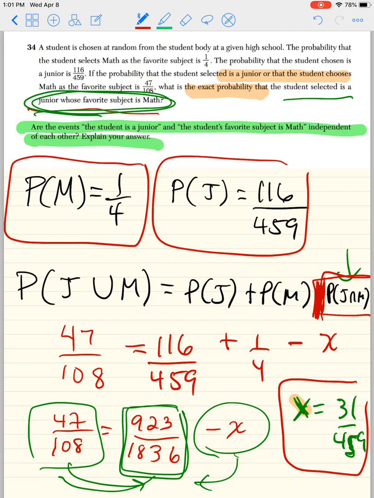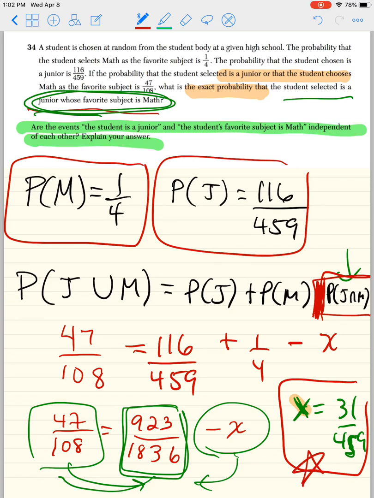So I'm just going to take 1/4, and I'm going to multiply that by 116 divided by 459. And that is going to give me 0.0631808. With math frac enter, it gives me 29 out of 459. This guy here gives me 31 out of 459.